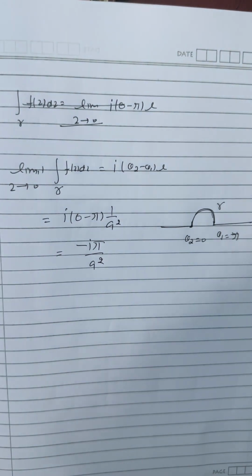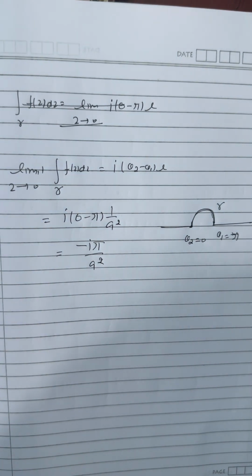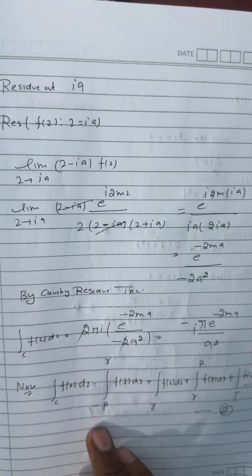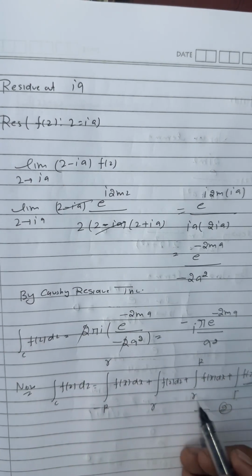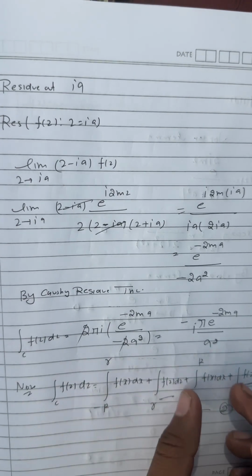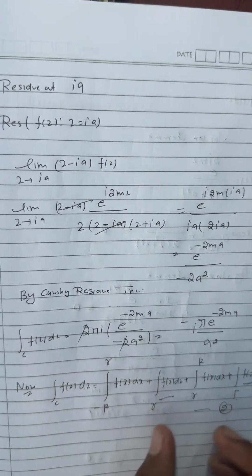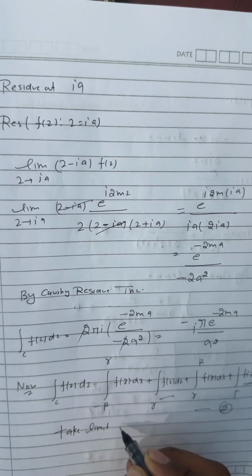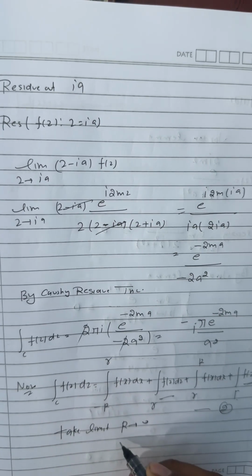Okay. So we have calculated the integral over small gamma as well as over capital gamma. Now let's move on to our equation number 2. We have done this one as well as this one. These are remaining. So let's take limit capital R tending to infinity and small r tending to 0.